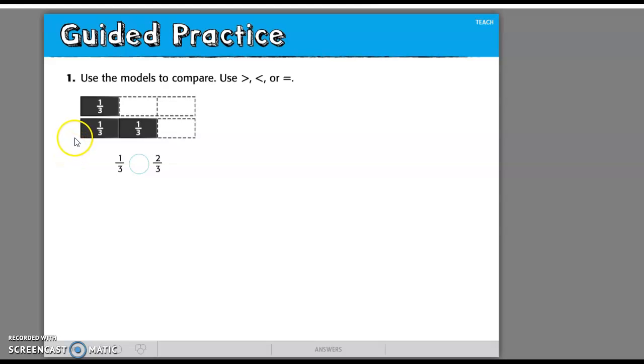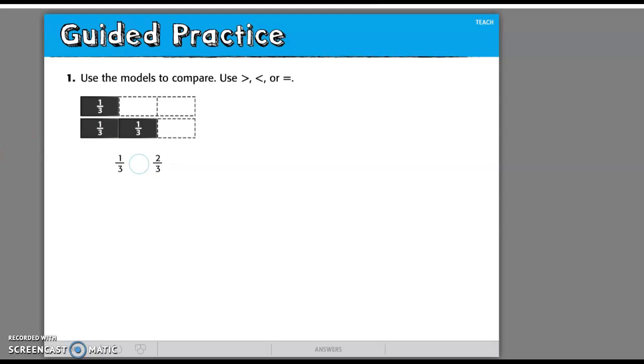We are going to compare 1/3 to 2/3. And here we just look at the numerator or the top number because we're cutting the pieces into the same amount. Thirds are equal. So 1/3 and 2/3. Obviously 2/3 takes up more space than 1/3.